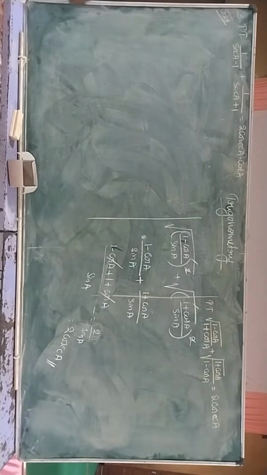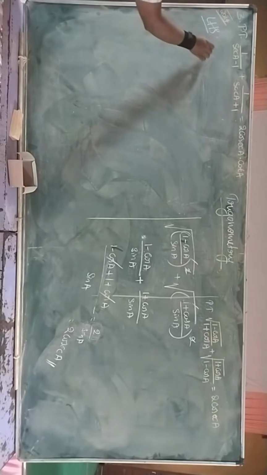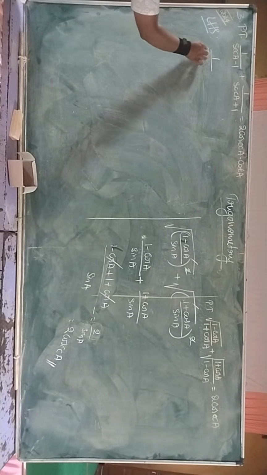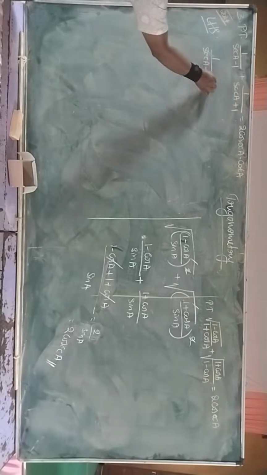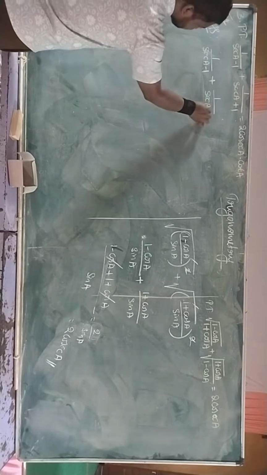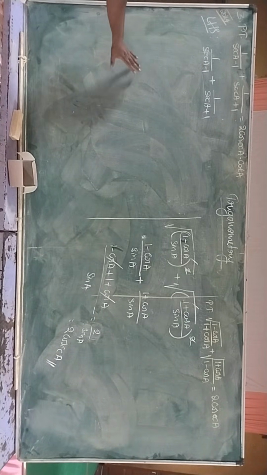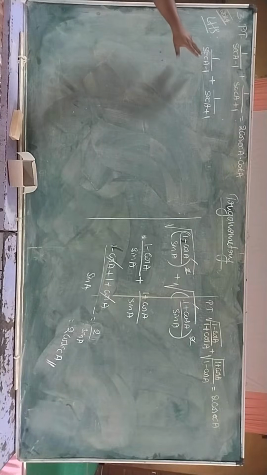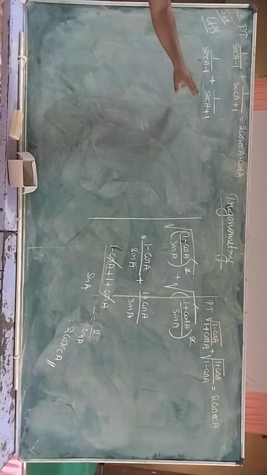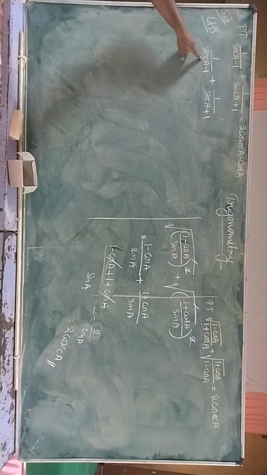See, LHS we can take first here: 1 upon (sec A minus 1) plus 1 upon (sec A plus 1). See, two methods we have. The first method, directly we can take the LCM of sec A minus 1 and sec A plus 1. Instead of that, if you convert sec as cos, in that way also we will get the answer.